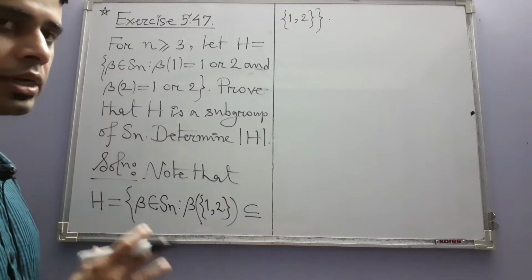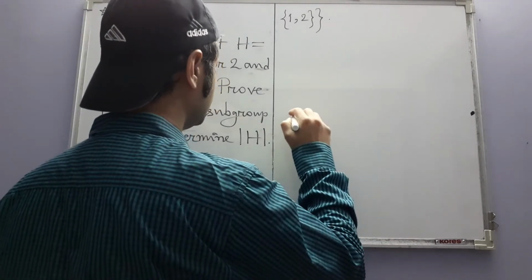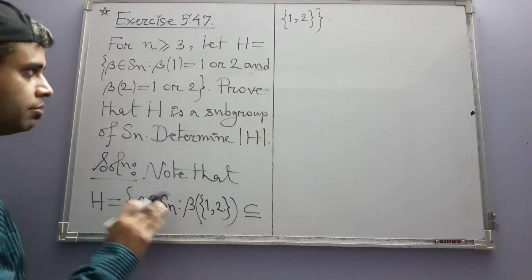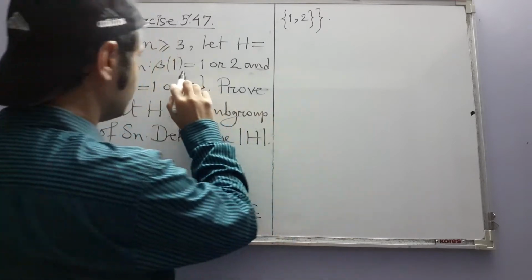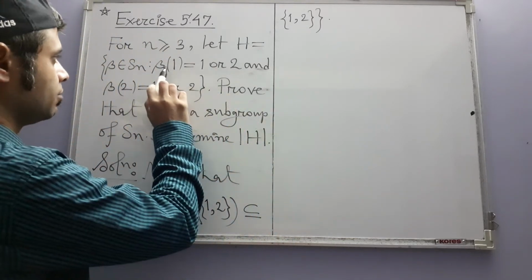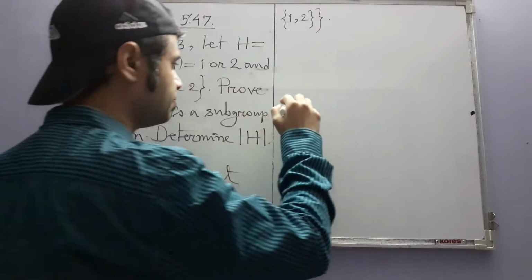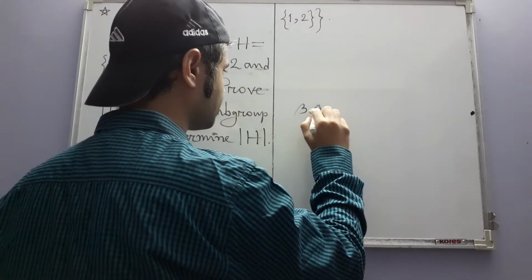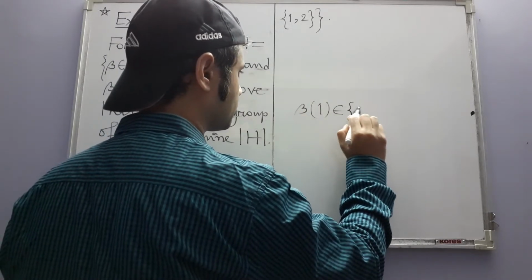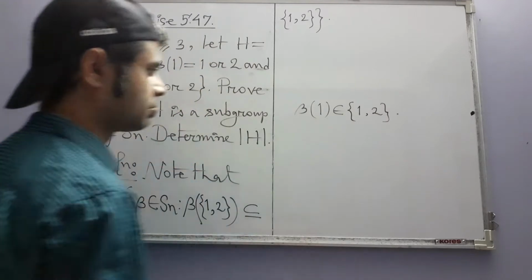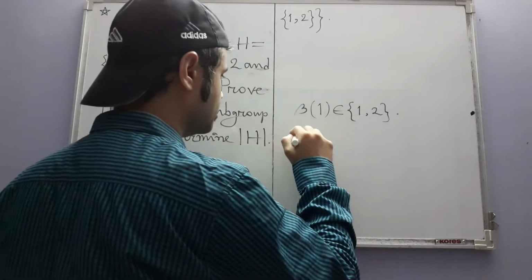Is it really true? Let's just first see that. At least one thing is immediately true from these conditions, that whatever the case may be, whether beta of 1 is 1 or it is 2, we of course have this. Similarly, we also have this thing.